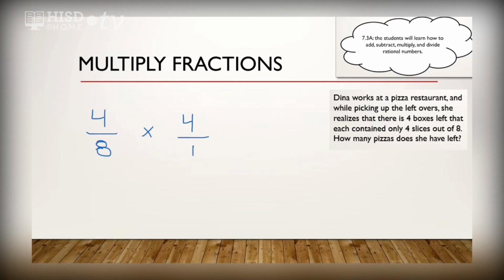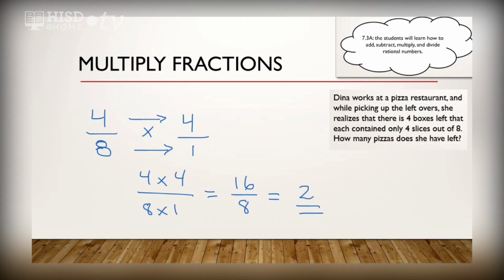So now we just have to think how to multiply these two fractions, and this is very easy. We just have to multiply numerator times numerator, denominator times denominator. 4 times 4 on the numerator, and 8 times 1 on the denominator. That will be equal to 16 over 8. And if I divide this, 16 divided by 8 is 2. So I'm gonna get the same answer. She will have left 2 pizzas.